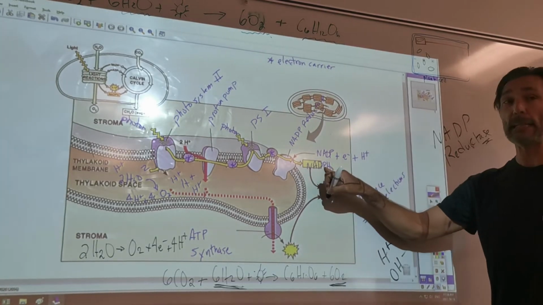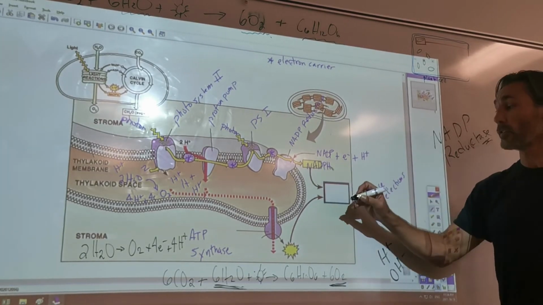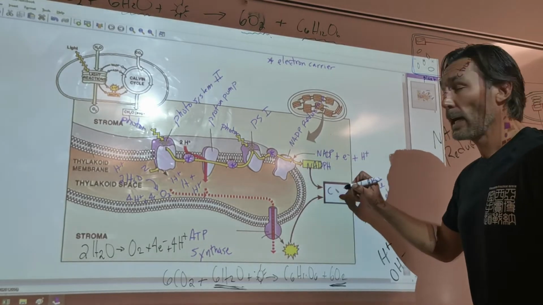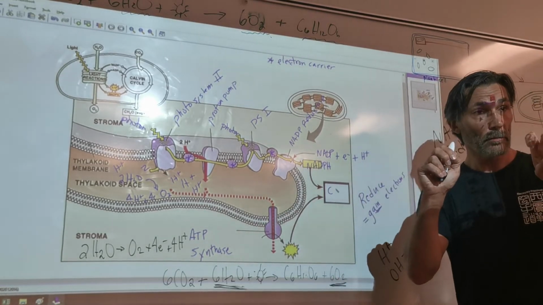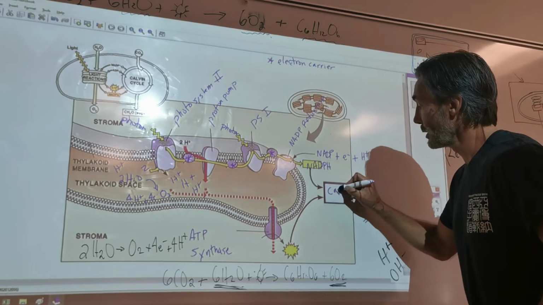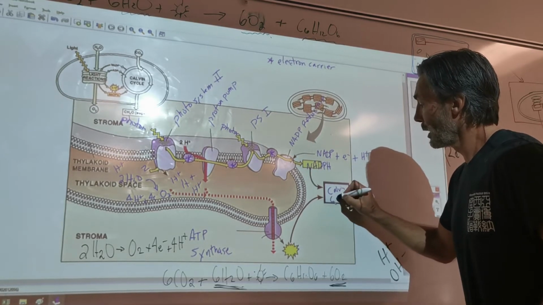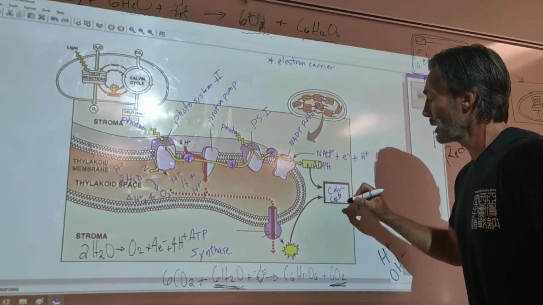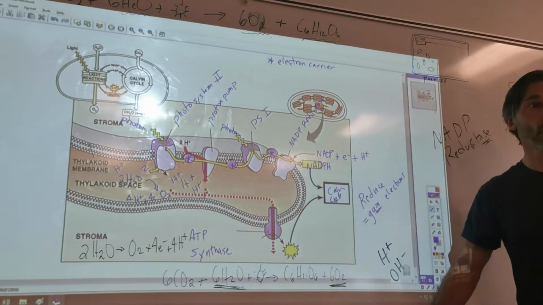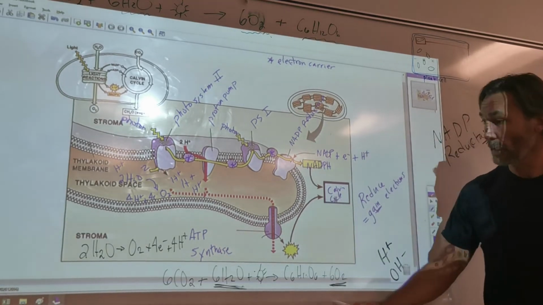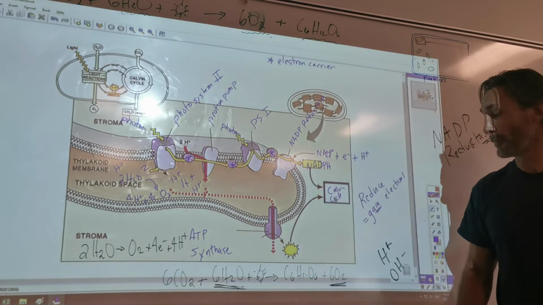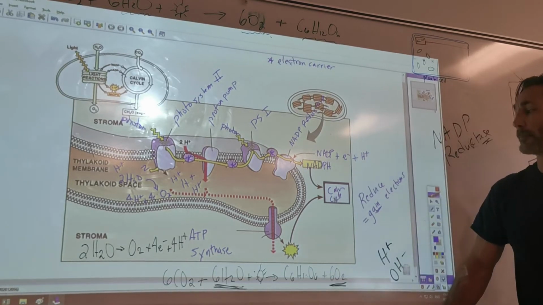So, NADPH is essential to drive the dark reactions, which we'll call the Calvin cycle. And the Calvin cycle is where we actually make sugars. So we haven't seen where we're going to use carbon dioxide yet. We haven't seen sugar yet.